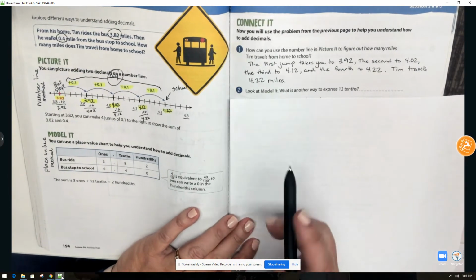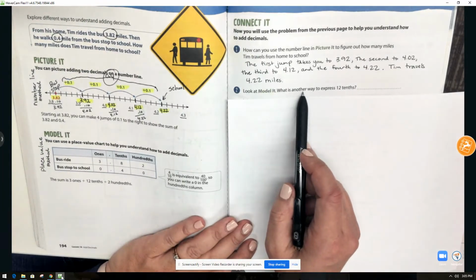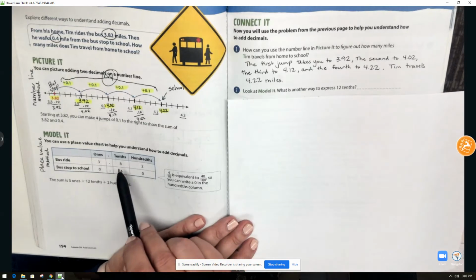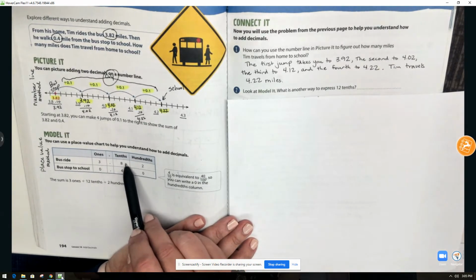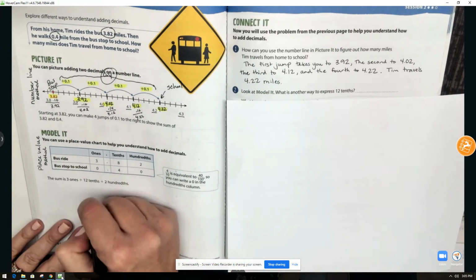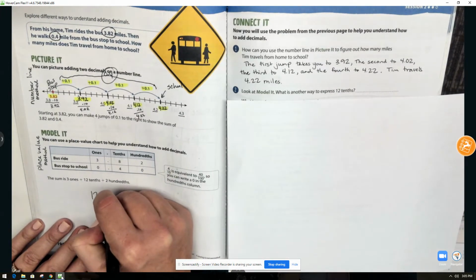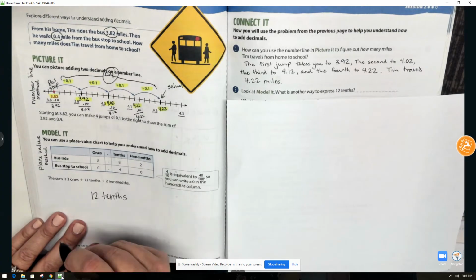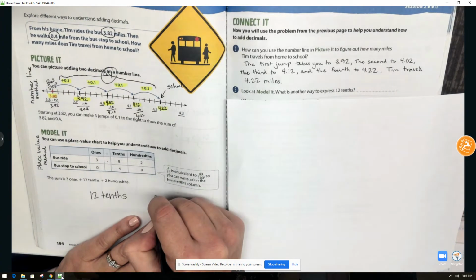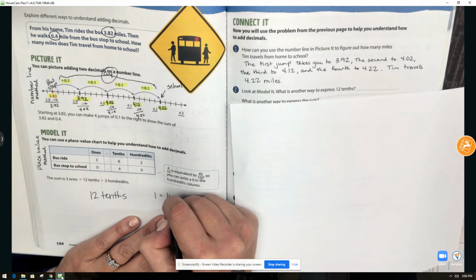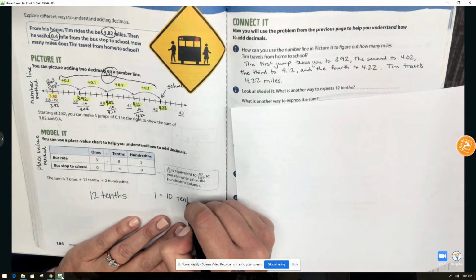The next question says, look at Model It. What is another way to express 12/10? So we also talked about this on the last page. If we have 12/10, remember, one whole is equal to 10/10.